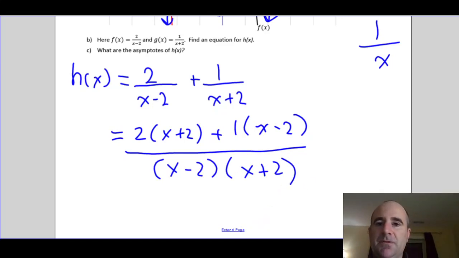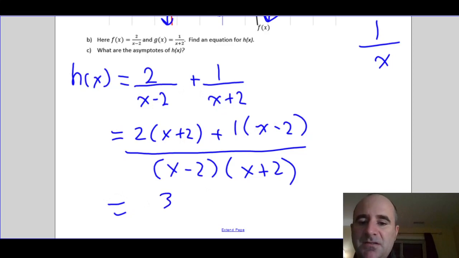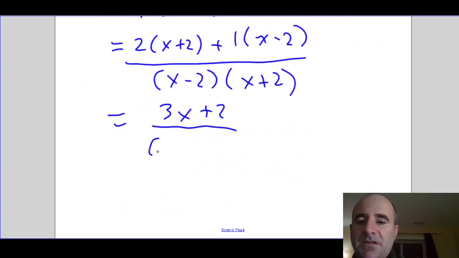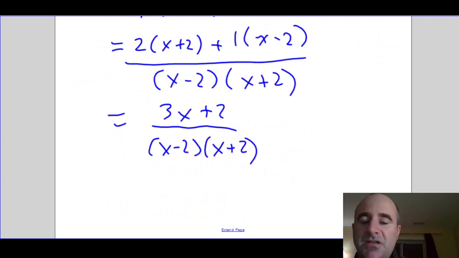If I then just simplify the numerator there, I will get 2x plus 1x is 3x, and 4 plus -2 is 2. 3x plus 2, all over (x minus 2)(x plus 2). I'm not going to expand the denominator. It's actually nicer to have that factored. So there's h of x.